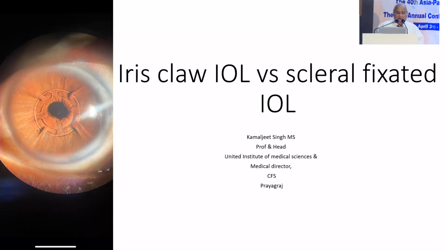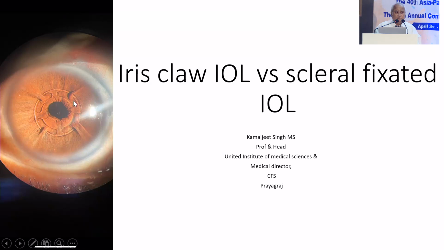So we have this iris claw IOL versus scleral fixated IOL. Whenever you have a complication, as we have already discussed, we can implant a secondary IOL. If you look at this IOL, this is the newest IOL that Dr. Kiranjeet from Amritsar, Dr. Daljit Singh's son and a famous eye surgeon, has started doing.